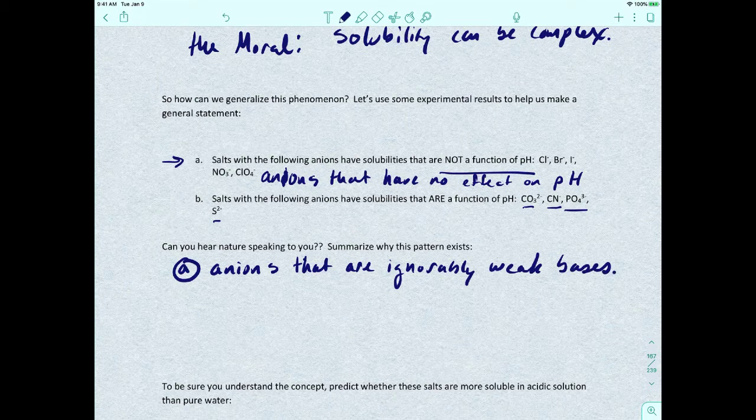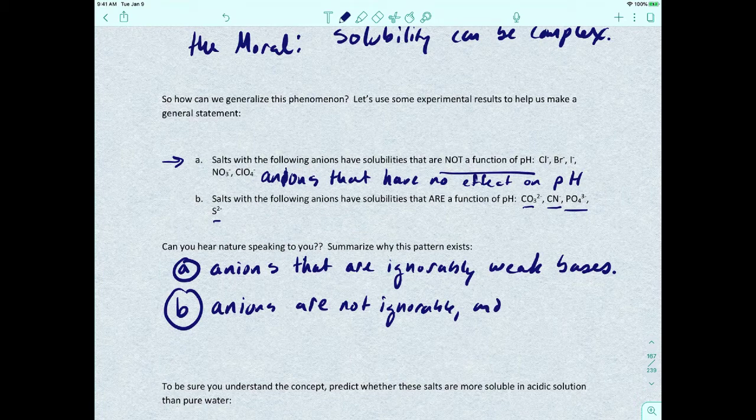And for part B, we're looking at anions that are not ignorable, and they do react to neutralize acids.